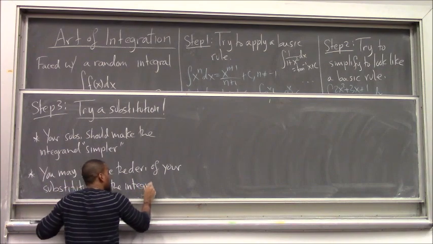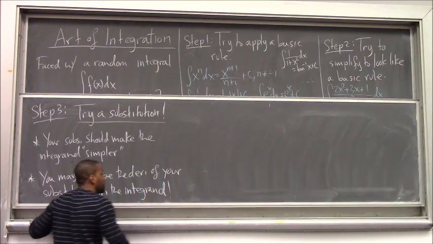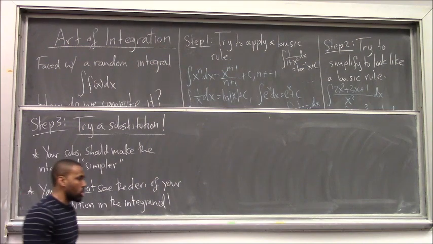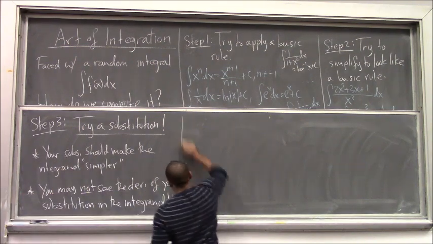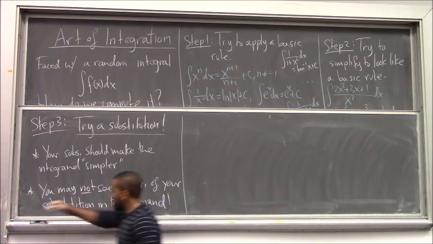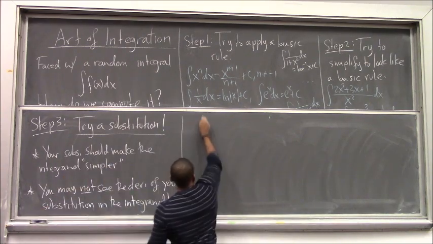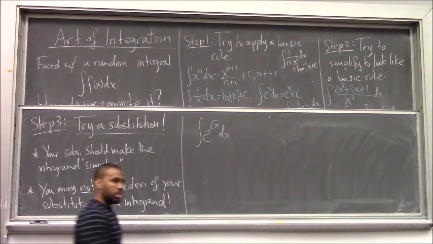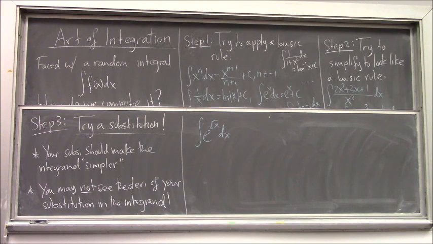So you're always going to try this third, even though at first glance it might not appear that a substitution is going to work out. Try to force it to work, because sometimes it might not look that way at first, but it is that way. One example that we did was e to the radical of x. See something like that? It's not obvious that a substitution would probably be the way to start this out, because what would you substitute?